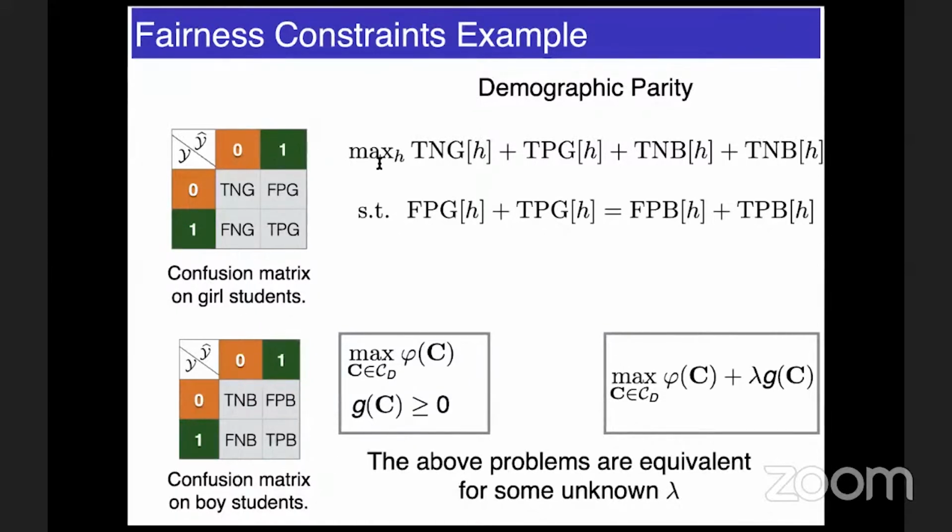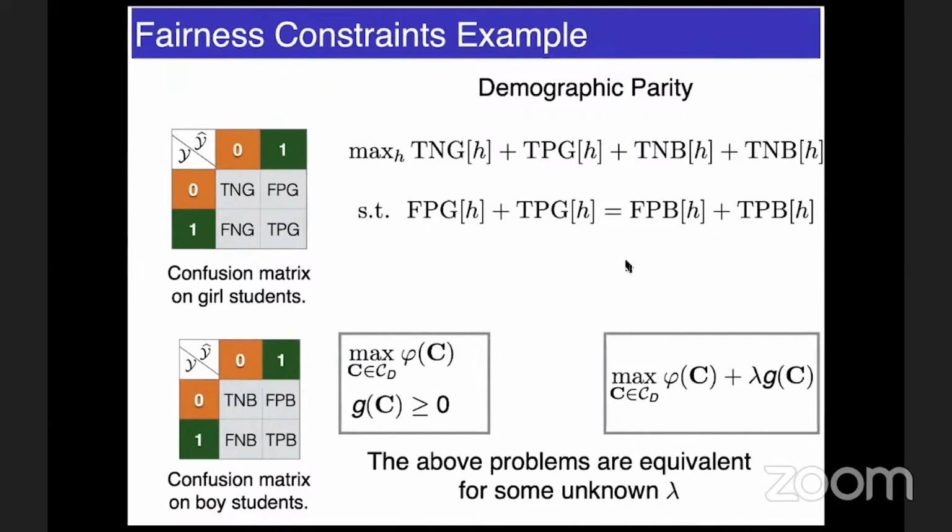Right? So you can say that once again you want to maximize the accuracy, which means you want to maximize true negatives plus true positives on girls and true negatives plus true positives on boys, subject to the constraint that false positives on girls plus true positives on girls is equal to false positives on boys plus true positives on boys. Right? So that's the constraint that you have, and this kind of constraint is called demographic parity.